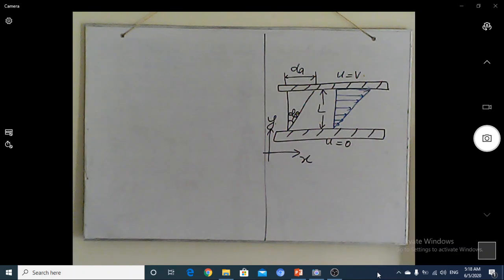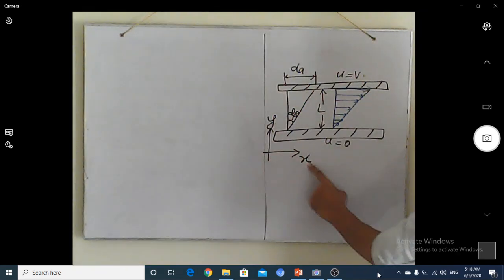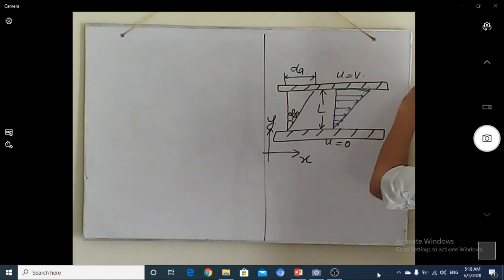Let's suppose I have made this complete diagram, and you can see here that this is the y-axis and this is the x-axis. The upper plate moves in this direction.